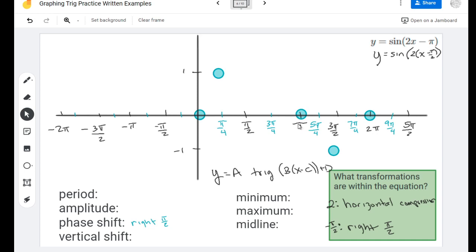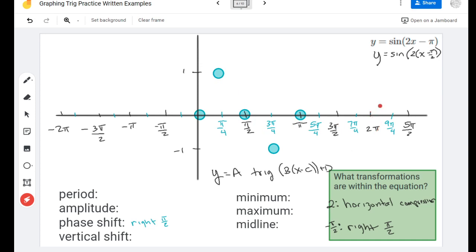This one goes to pi, so half of pi would be pi over 2. This one goes to 3 pi over 2, and half of that is 3 pi over 4. And this one goes to 2 pi, and so now it goes to 1 pi. And so if I were to copy this pattern, now I could fit 2 of them by the time I reach 2 pi.